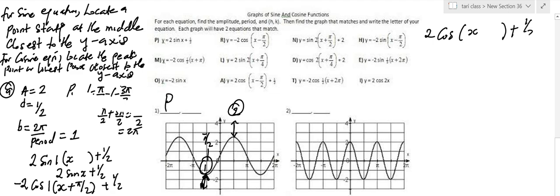My vertical shift doesn't change. But remember, I'm observing point 2 because these 2 points are closest to the y-axis. So this point occurred at pi over 2. Is this pi over 2 positive or negative? It will be negative because the phase shift occurred at the right hand side. So that means the equation will be negative pi over 2.